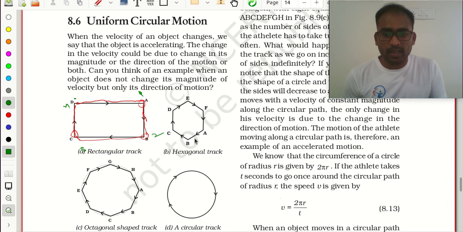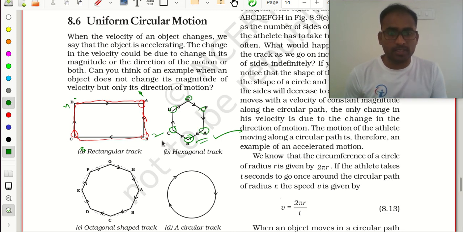For a hexagonal track, how many times does he need to slow down? 1, 2, 3, 4, 5, 6. 6 times. For an octagonal shaped track, 1, 2, 3, 4, 5, 6, 7, 8 times he needs to slow down.